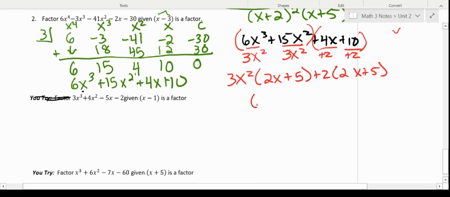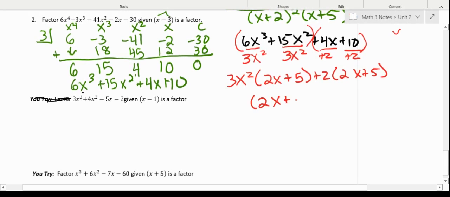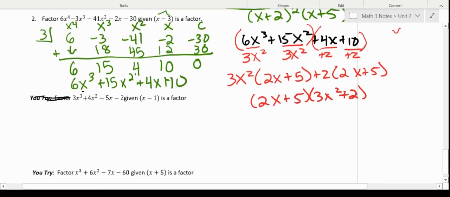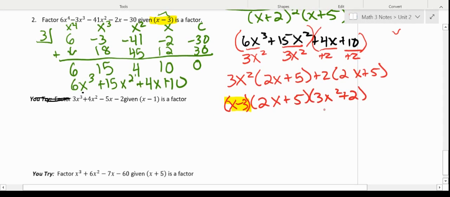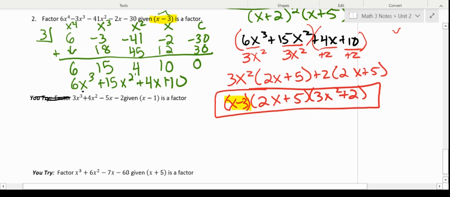The parentheses match. So I got 2x plus 5 times 3x squared plus 2. And then in the front, I have to make sure I put that factor I pulled out in the beginning. If I want to factor it completely, this is x minus 3. And this would be my final factored answer.